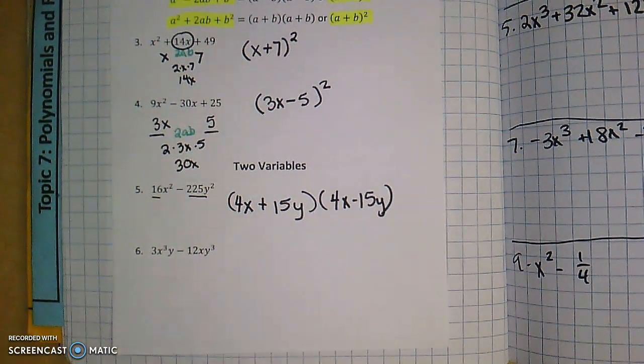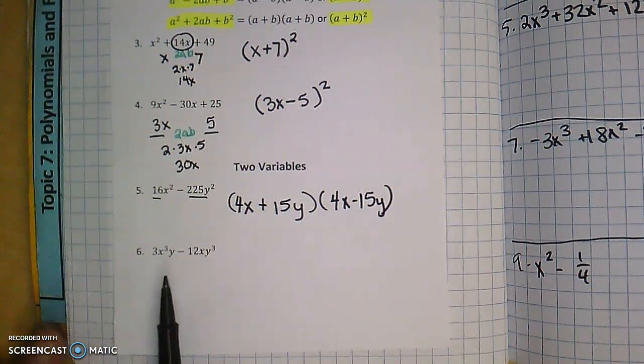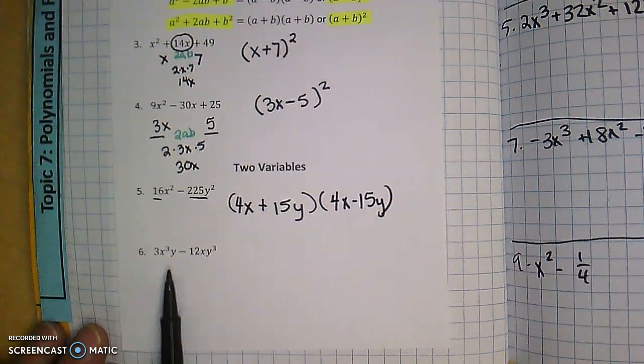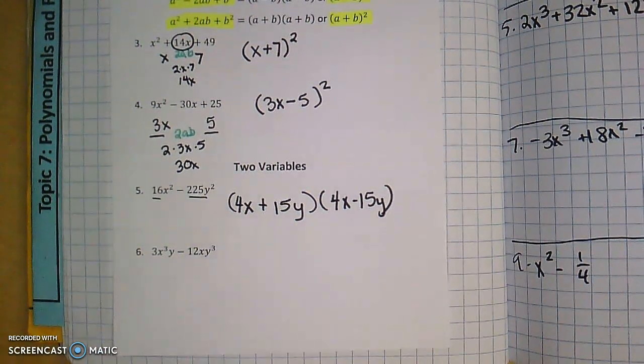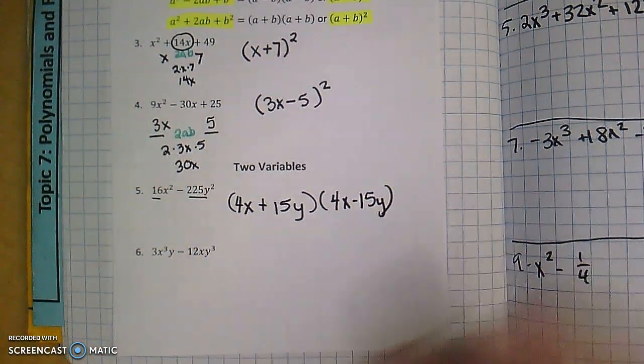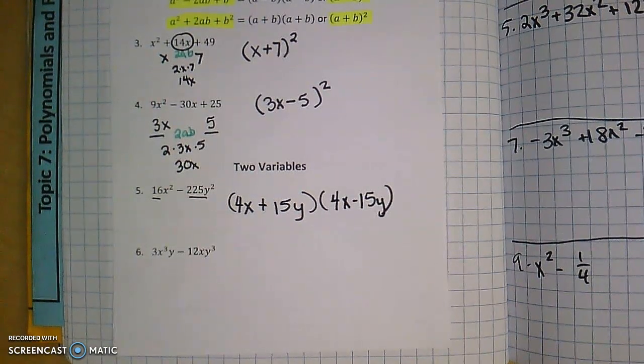What I'm going to do is find the greatest common factor of each of the terms. I'm going to pull that out, factor it out first, and then I'm going to use one of the strategies, either difference of squares or perfect square trinomials. I know it's probably going to be difference of squares because this is a binomial that I'm subtracting, so I'm going to be prepared to use that method.